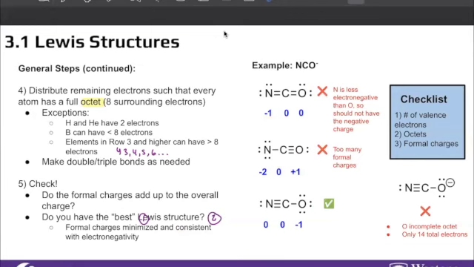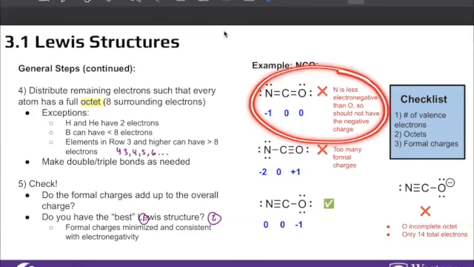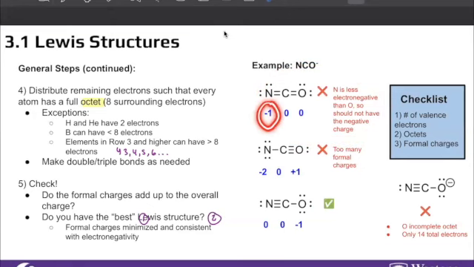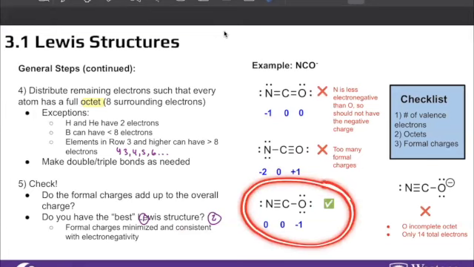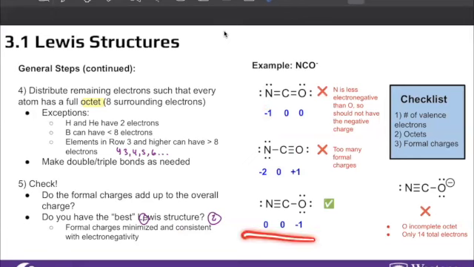And so you can see this is an example of something that does not follow that, because nitrogen gets that -1 charge, but it's not the most electronegative atom here. Oxygen is. So this is our best structure because our formal charges are kept very simple, just 1, and that 1 charge is also on our most electronegative atom, which is oxygen.